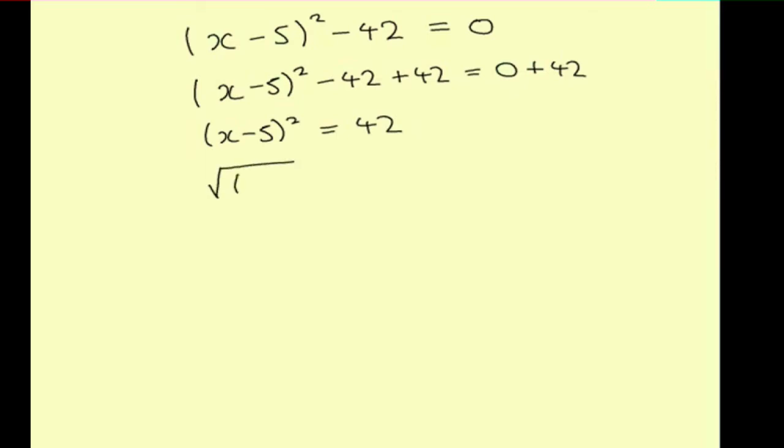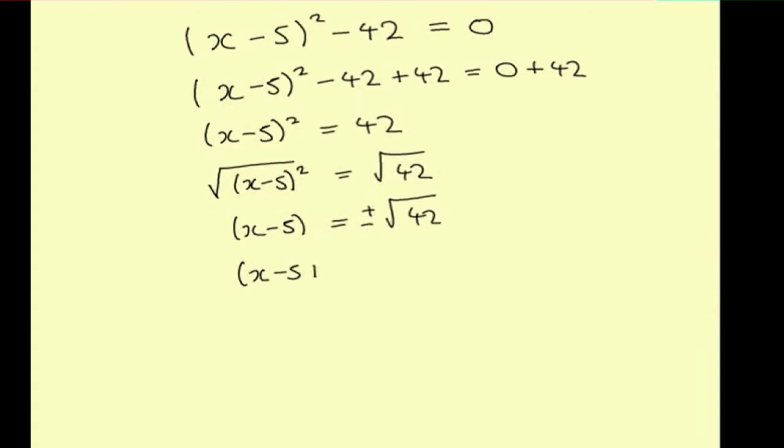So we do that by square rooting both sides. So we get x minus 5 equals the square root of 42. Now we need to put a plus and a minus in front of that because there are two roots. And the next thing we need to do is get rid of the minus 5. So we add 5 to both sides.